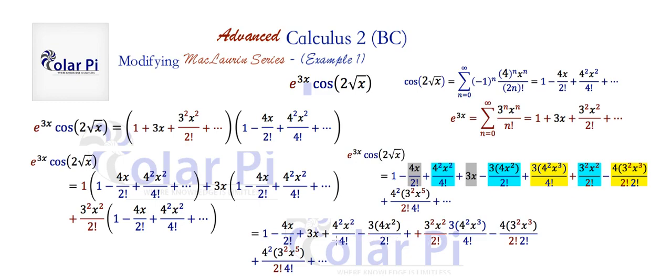For example, minus 4x over 2 factorial is just minus 2x, because 2 factorial is 2, 4 over 2 is 2, and so you've got minus 2x. And then minus 2x plus 3x is going to become just an x. So really, the simplified version of the Maclaurin series for e to the 3x times cosine 2 root x is going to start with 1 and then plus x and so on.